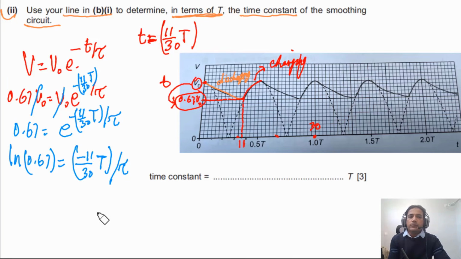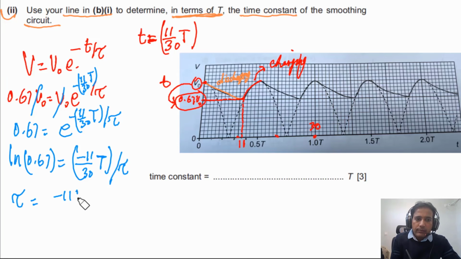We need to find the value of tau. So tau we can multiply on the other side, so tau will be equal to minus 11 T by 30 divided by ln, natural log of 0.67. So simply just basic mathematics.